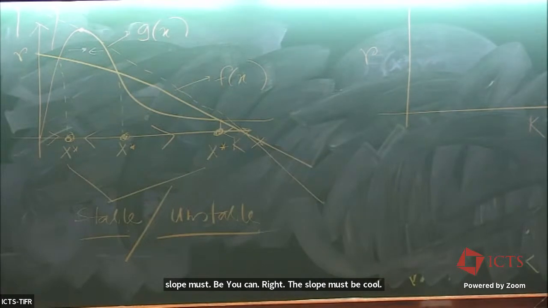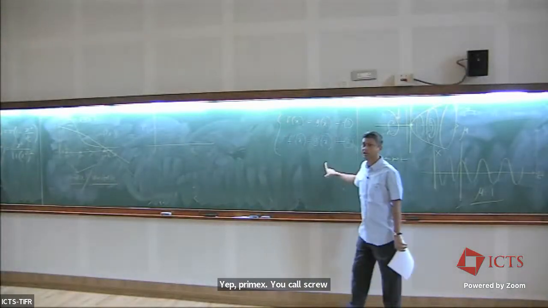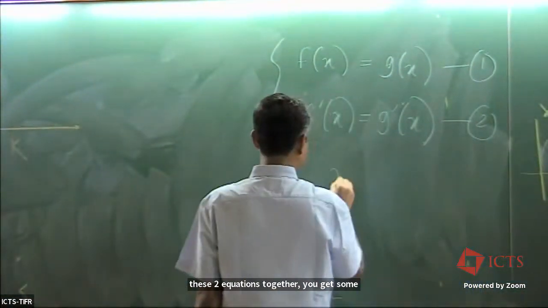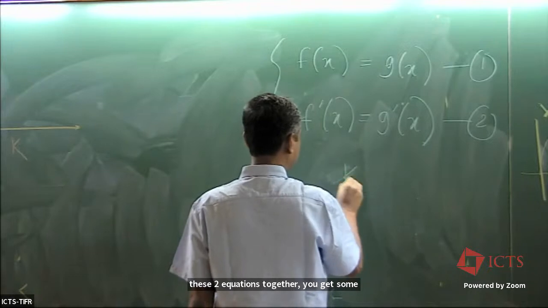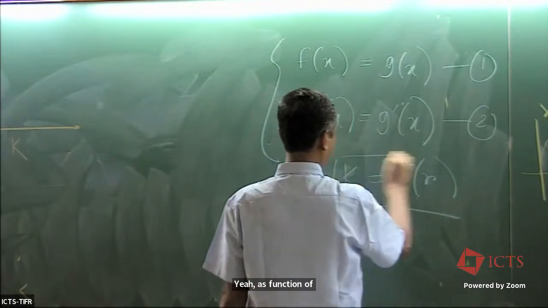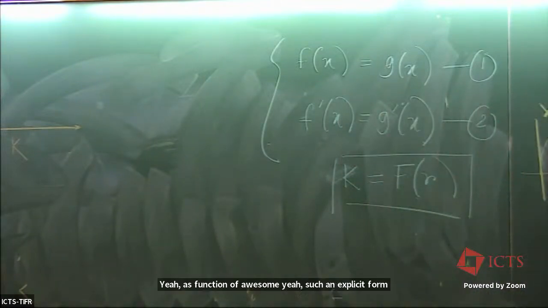So that will result in f'(x) equals g'(x). Now, when you solve these two equations together, you get k as a function of r. Here, such an explicit form is not possible, so we will do it numerically. Any question up to that, please?